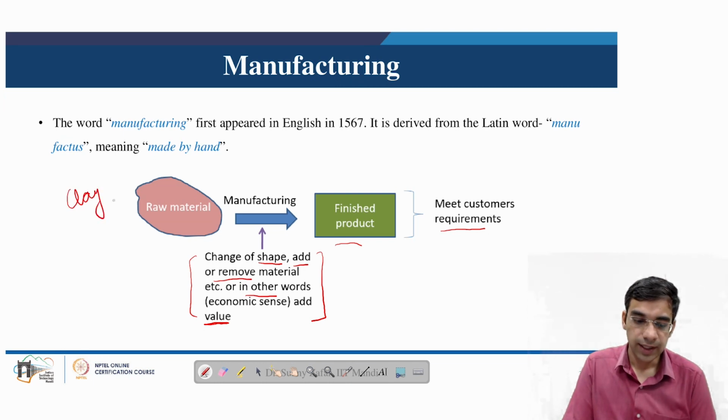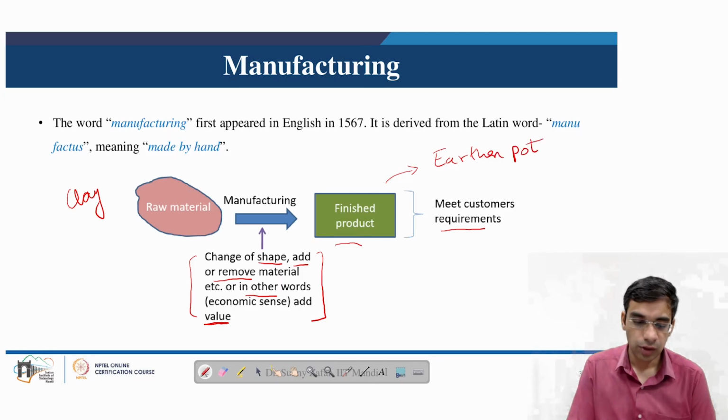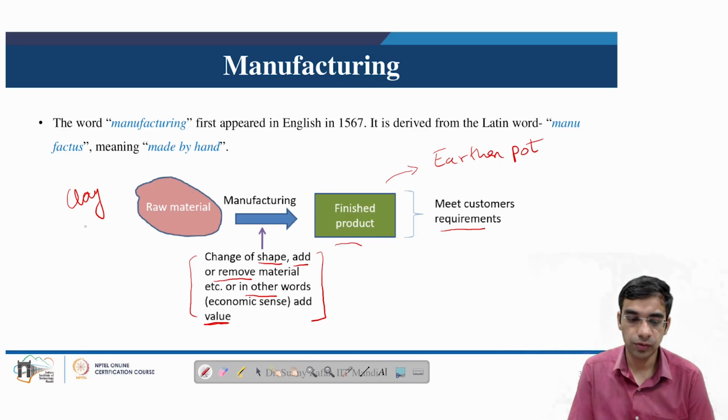We can use clay as the raw material to make a finished product, which can be, say, an earthen pot. Now the clay initially will have very little value. It does not have any shape, and it cannot be used to fulfill any end need.